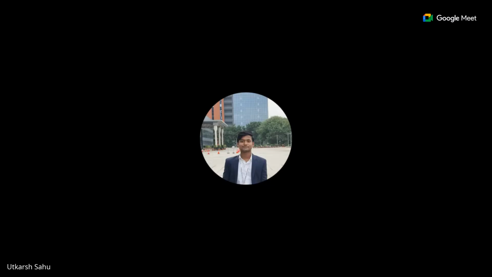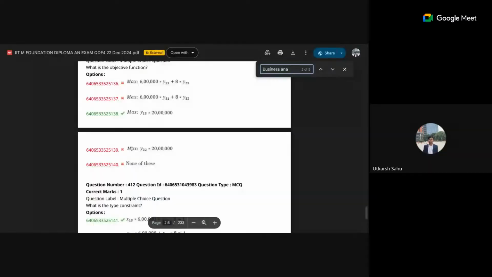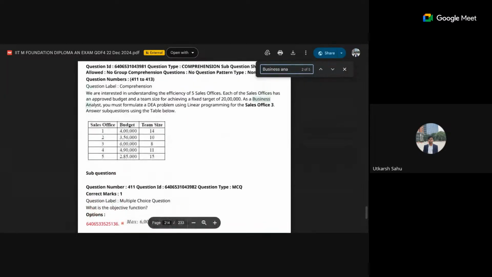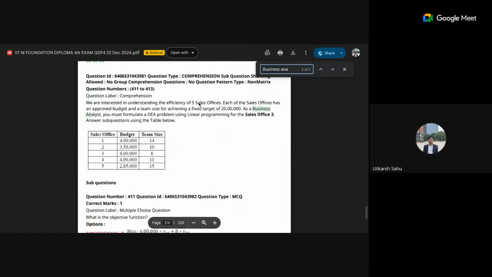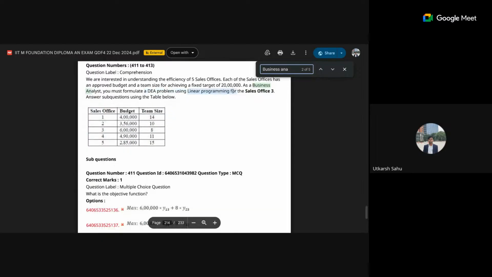You see here, another option was this one: maximize y_32. The issue here is this is talking about DMU number 3 and output number 3. How do I read this thing? y is basically the weight of outputs, and 32 tells me output number 3 of DMU number 2. First of all, we were talking about DMU3. If you read this question, you formulate a DEA problem using linear programming for sales office 3.